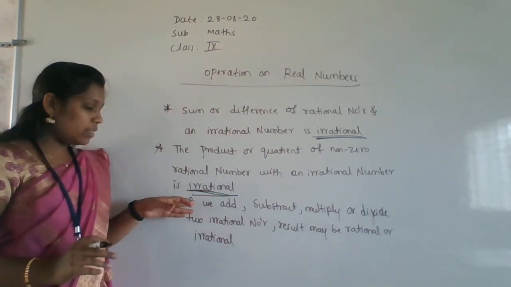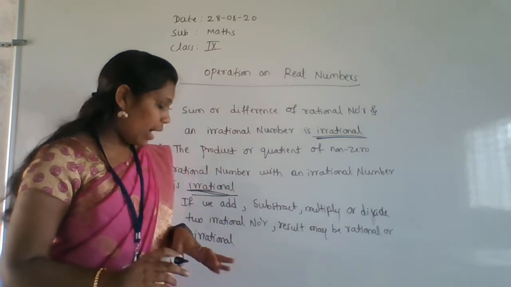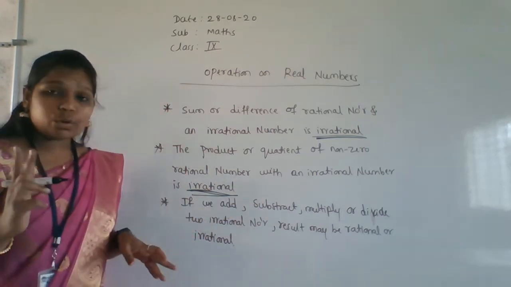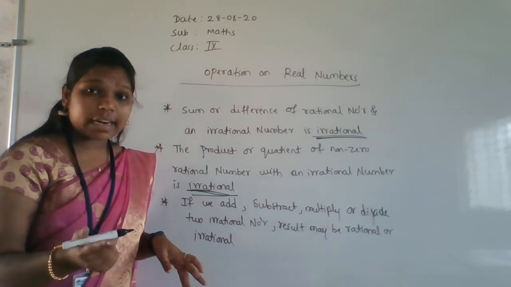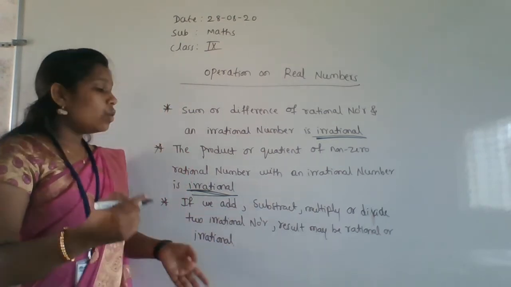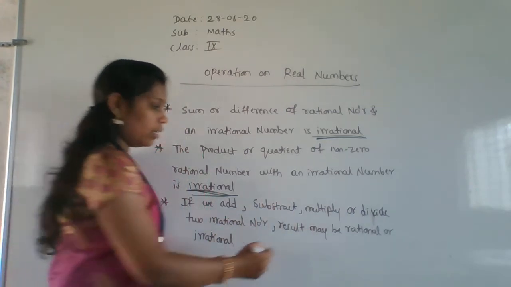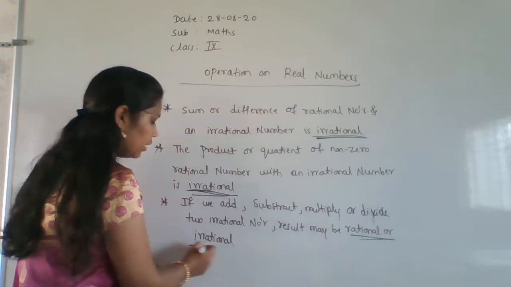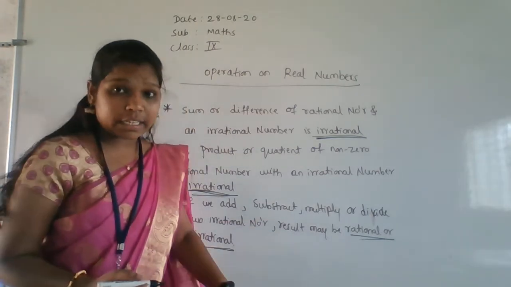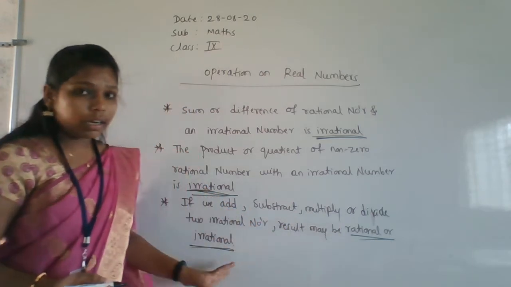Okay, so the next one is: if we add, subtract, multiply or divide two irrational numbers, both being irrational numbers, then the result may be rational or irrational. Only if both are irrational does this condition hold, that the result is rational or irrational.